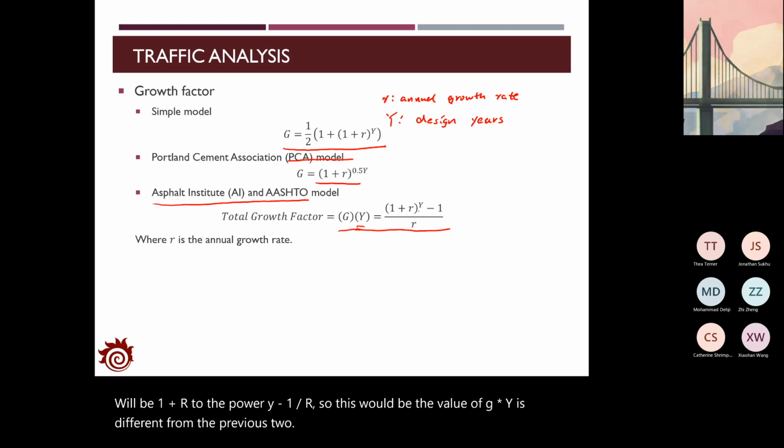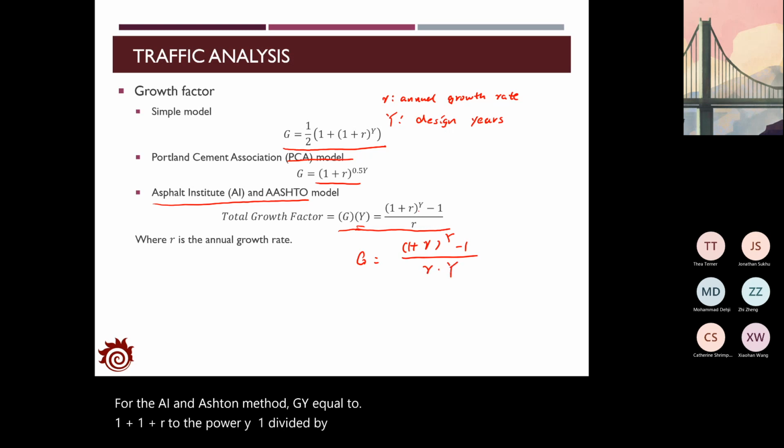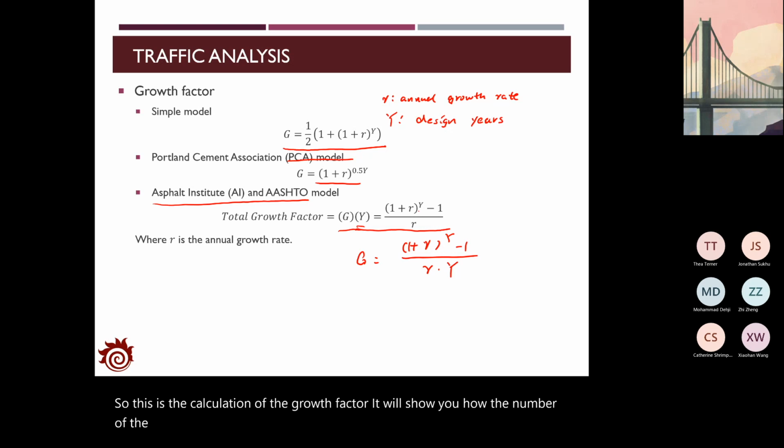So for the AI and the AASHTO method, G will equal ((1 plus R) to the power of Y minus 1) divided by (R times Y). So this is the calculation of the growth factor. It will show you how the number of the traffic is changing over the years.